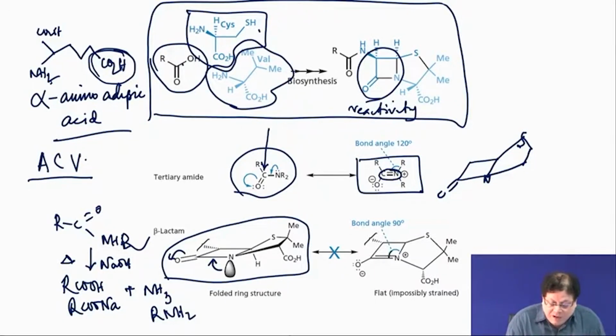The angle becomes 120. That means, the angle strain in a 4-membered ring, where the angle is virtually 90, you have already deviated quite much from 90, but actually the hybridization demands that these have to be 109.5 degrees.